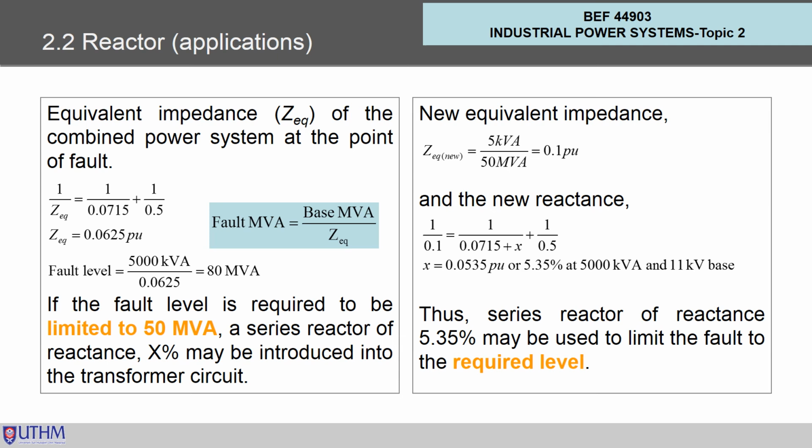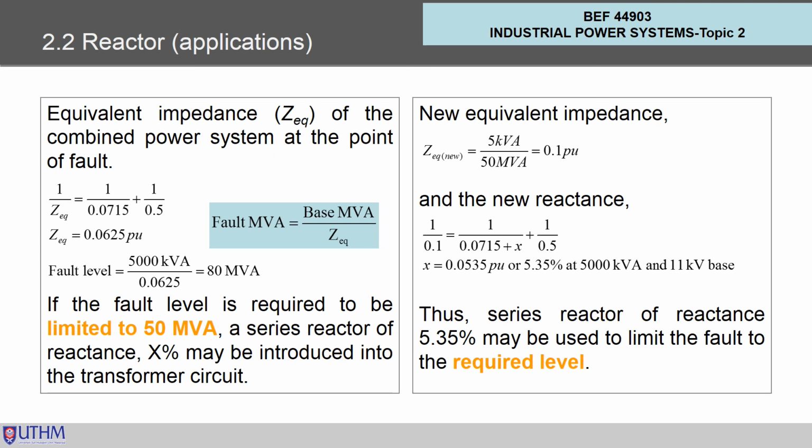Next question: if the fault level is required to be limited to 50 MVA, a series reactor of reactance percentage X may be introduced into the transformer circuit. Because the fault level is decreased from 80 MVA to 50 MVA, we know that the Z equivalent also will be different.